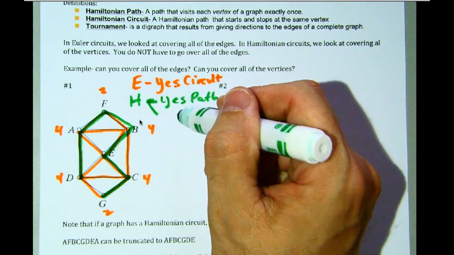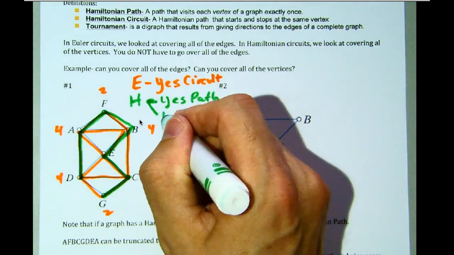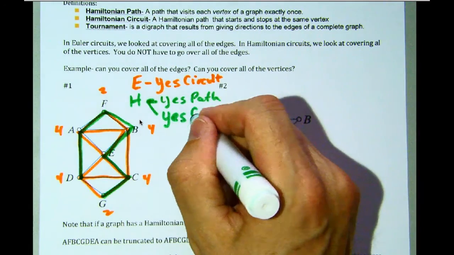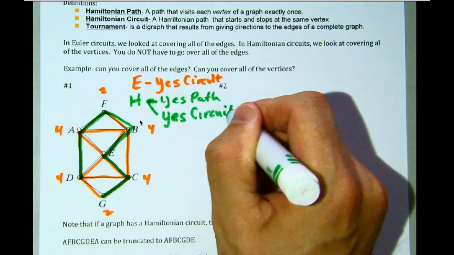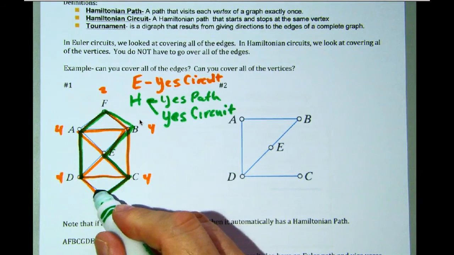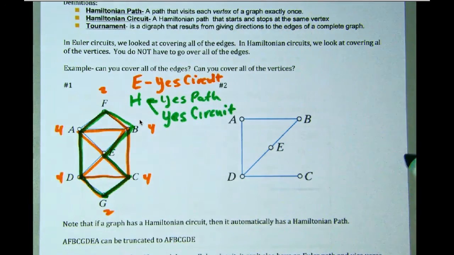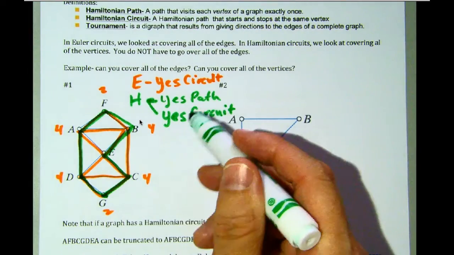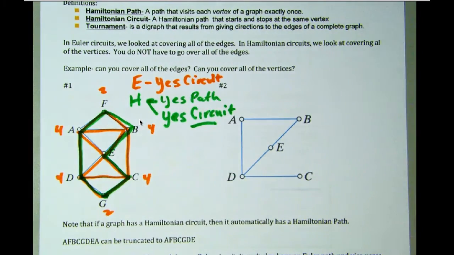With Hamiltonian, it can be both. In fact, if you have a Hamiltonian circuit, you also have a path because you just stop one short. So here I stopped at G. Can I finish this up and go back to G where I started from? Yes. I made all my deliveries and I can go back home. That's what the circuit does. And for the path, it was just stopping one short.